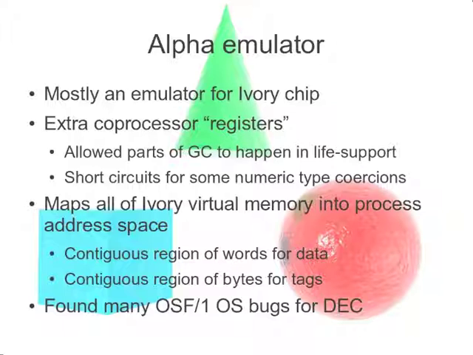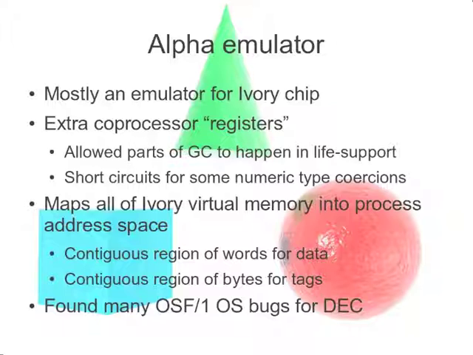And our main job was to bring out the next version of the Alpha emulator. The old Symbolics had gotten 1.0 out the door, but it had many rough edges and didn't support things like Statice, which is the relational database, and didn't support a whole bunch of stuff. And so the emulator, though, had a couple of cute features. One cute feature was that it pretended it was a newer rev of the Alpha chip.